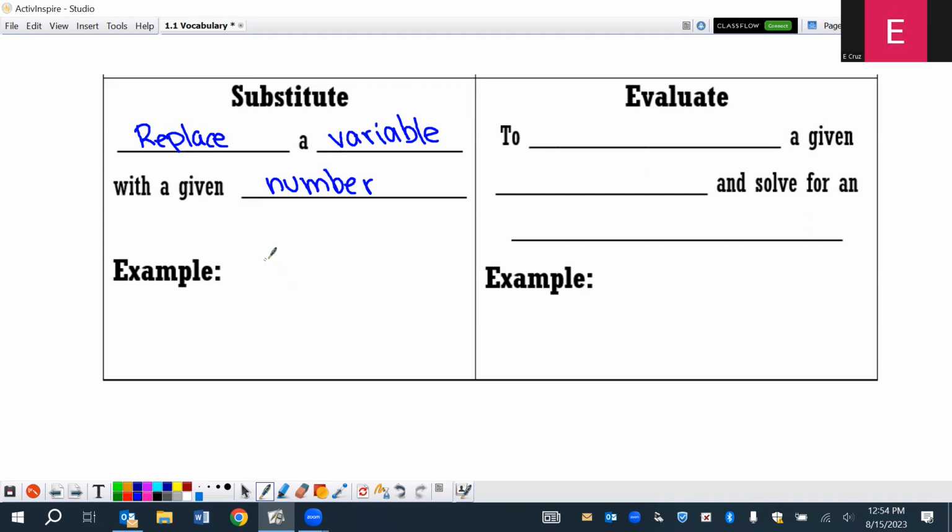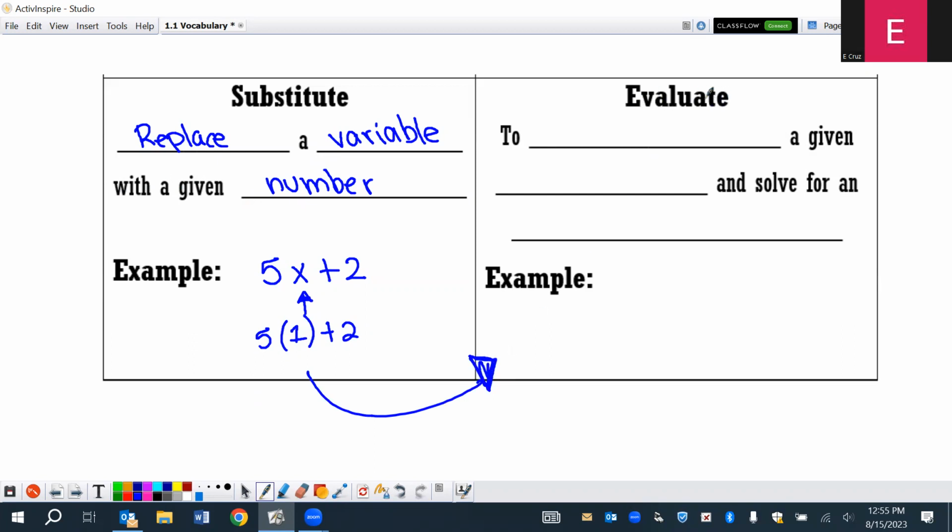So for example, let's say we have 5x plus 2. We would replace the variable, the letter, with any number they gave me. So for example, if x is a 1, then I will replace it with a 1. That is to substitute.